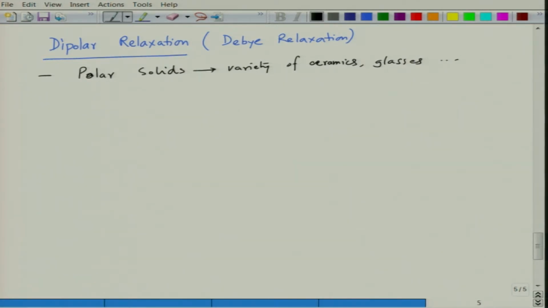But here we do not use that damped oscillator approach, rather we use a relaxation approach where some entity goes from one position to another position, relaxing from one to another.